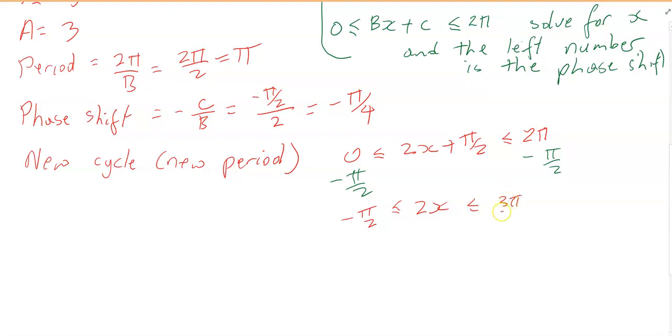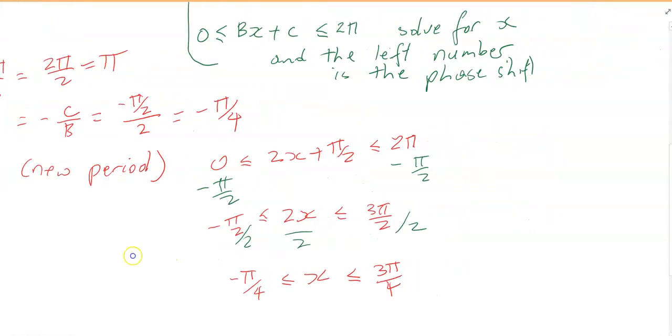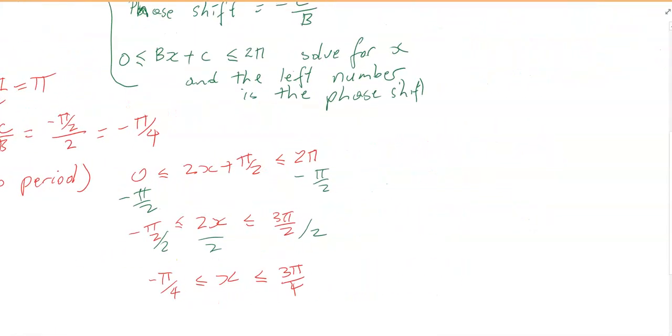Next we divide through by 2 to get x by itself: negative pi over 4 is less than or equal to x, less than or equal to 3 pi over 4. So our new period goes from negative pi over 4 to 3 pi over 4.